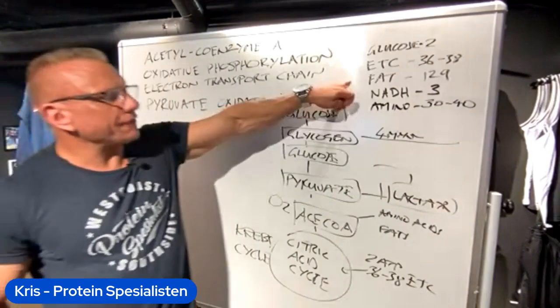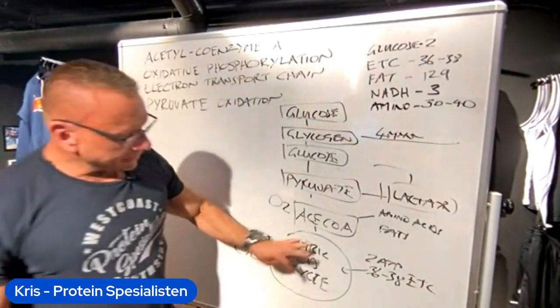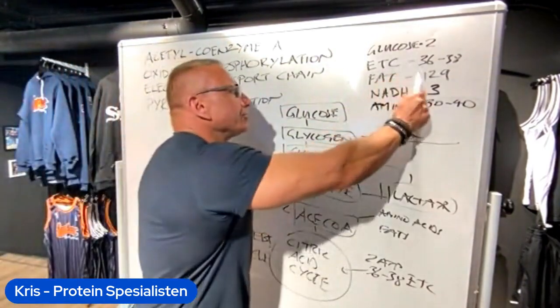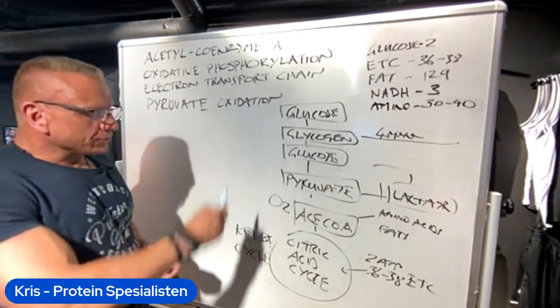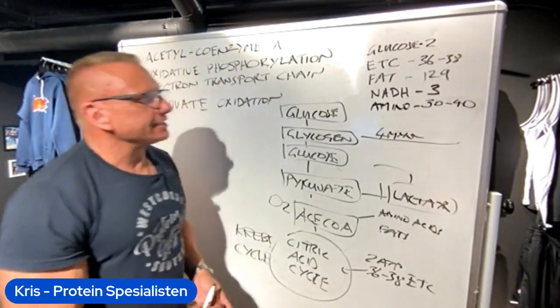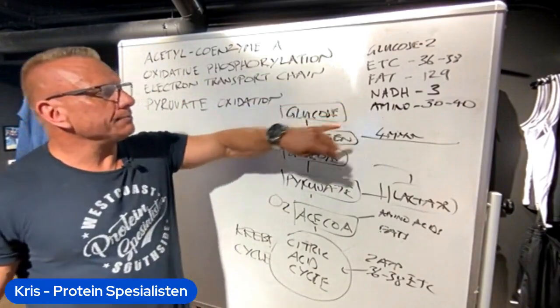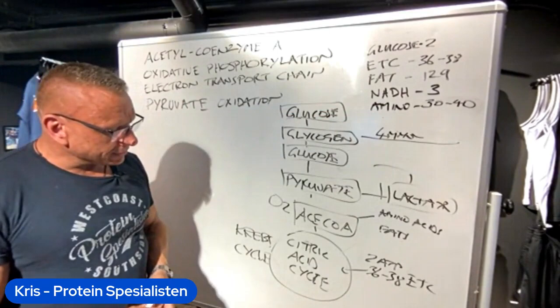Then adding fat, a single fat molecule coming into the citric acid cycle creates 129 ATP. Wow, that's huge. We also produce NADH and FADH in here, and the NADH creates 3. Then amino acids create 30 to 40, depending on the amino acid.